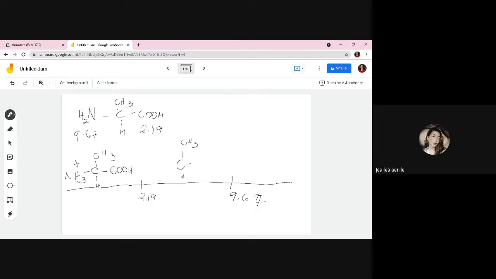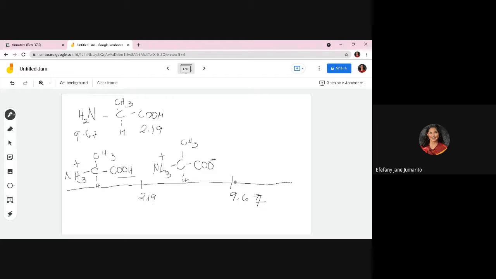Neutral, ma'am. Okay, you just draw this one, the NH3, it's still protonated here. And then what will happen to COOH? It will lose a proton, so it will become negative.